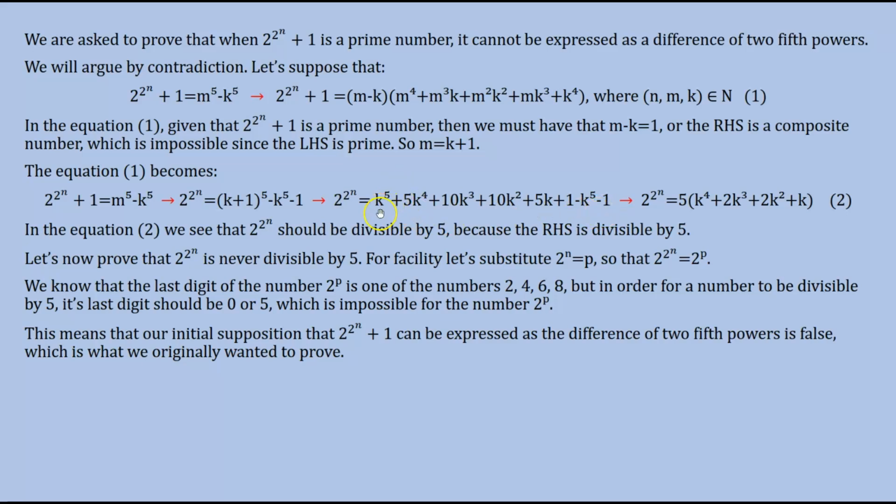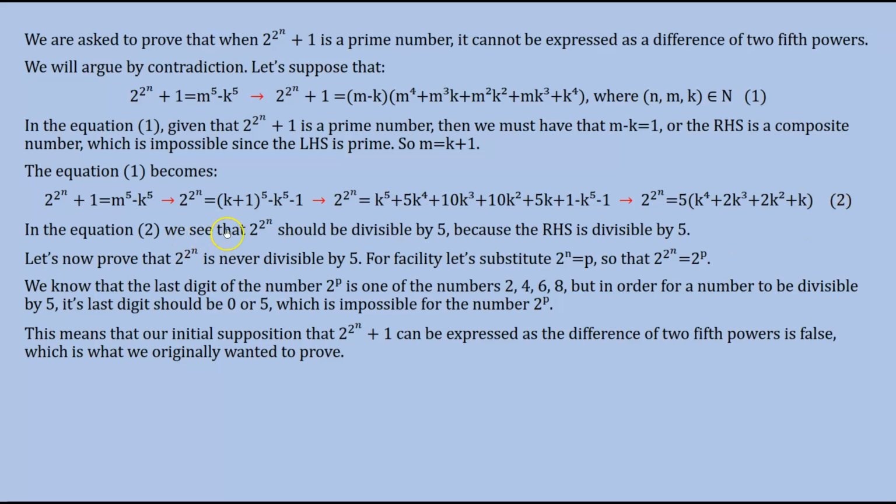Now we can simplify k to the 5th and 1 with minus k to the 5th and minus 1, and we will factorize 5 from the elements left on the right-hand side, and we will get that 2 to the power 2 to the power n is equal to 5 times k to the 4th plus 2k cubed plus 2k squared plus k. We will call this equation number 2.